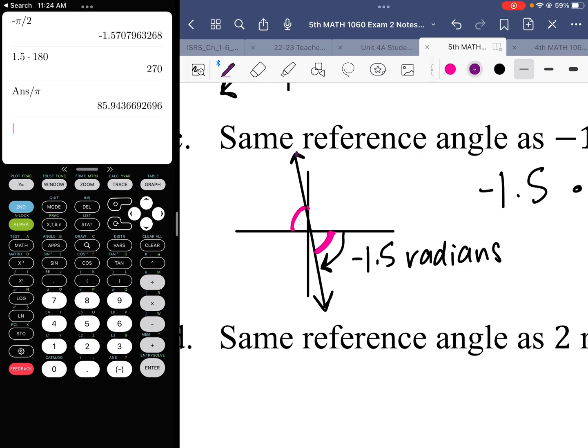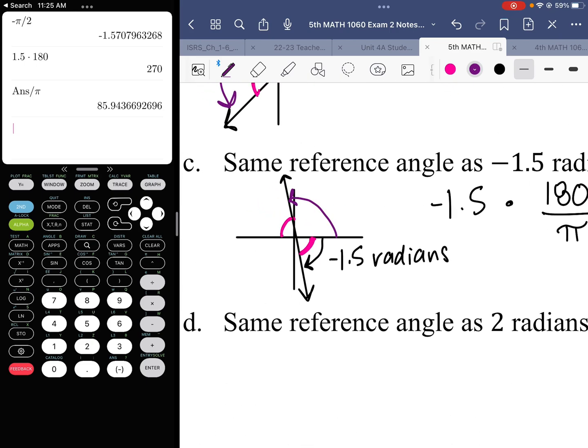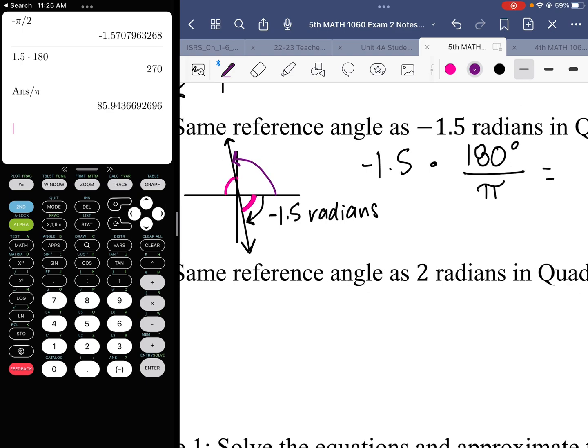But the question is, okay, but what's this angle in radians, right? The way that we do that one, in my mind, is we would take negative 1.5 and we would add pi.